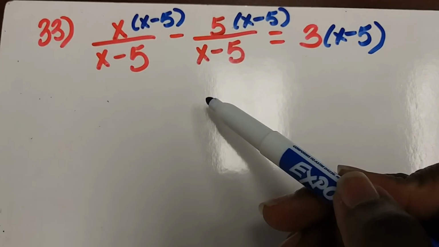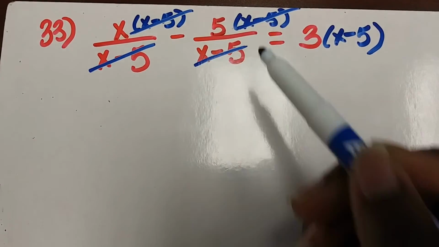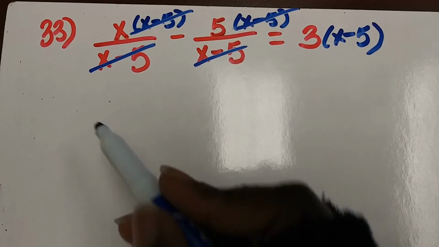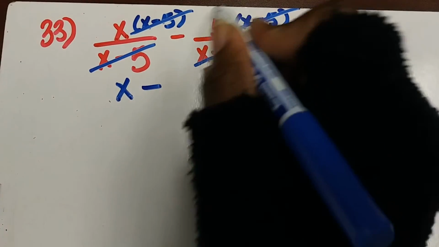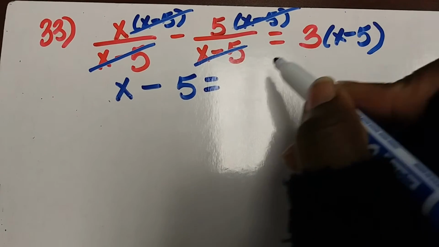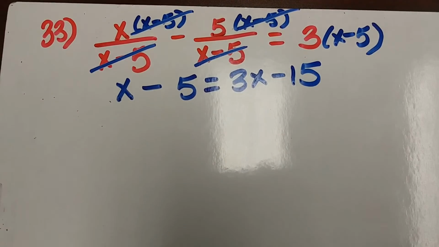Top, bottom, you can cancel. When you cancel, it's all or nothing. So you cancel out the entire x minus 5 on the top and the bottom. Write down what is remaining. I have x minus 5 equals, applying the distributive property, 3x minus 15.